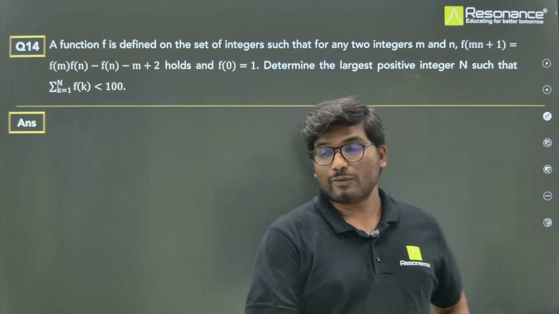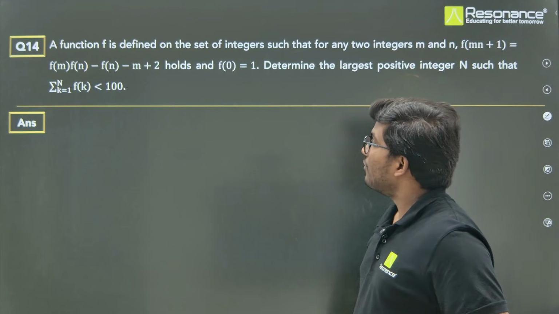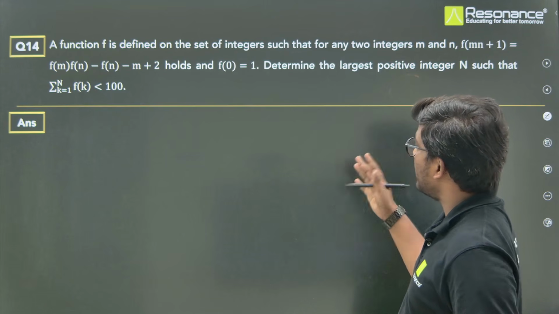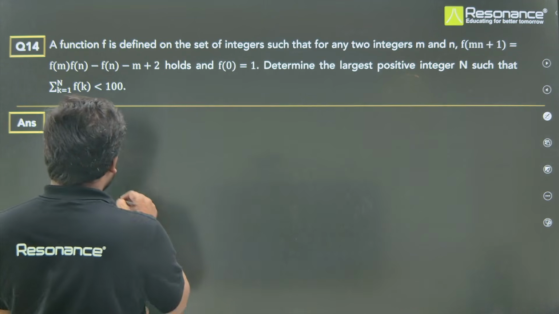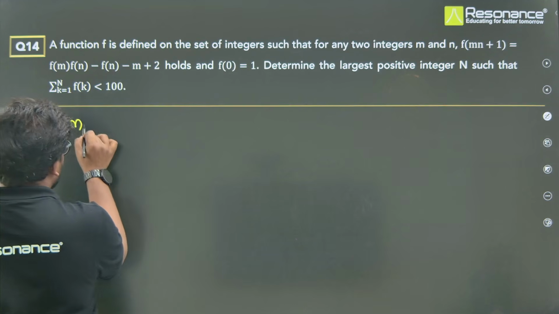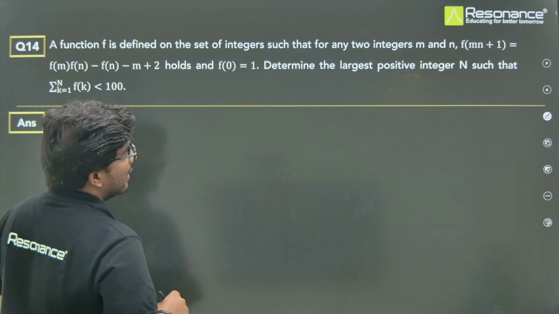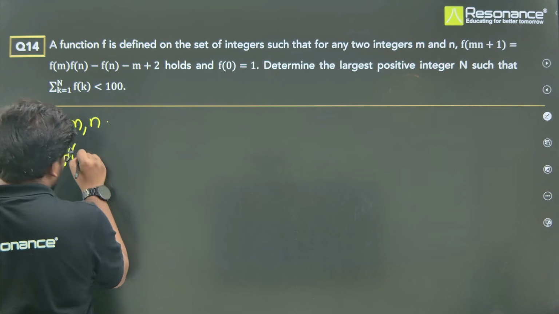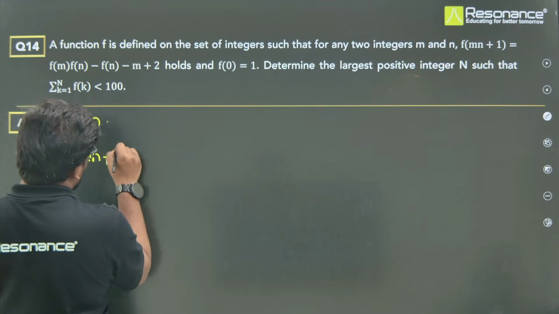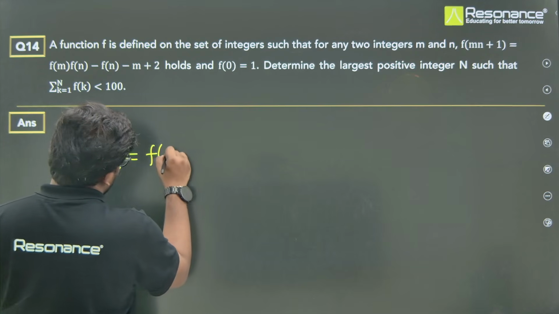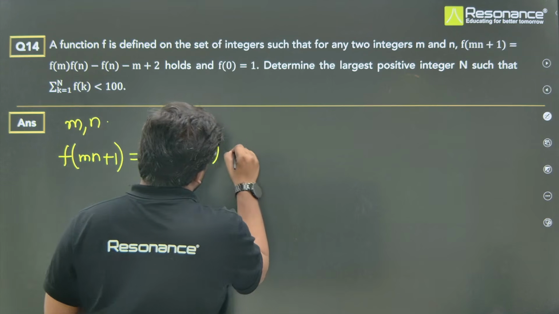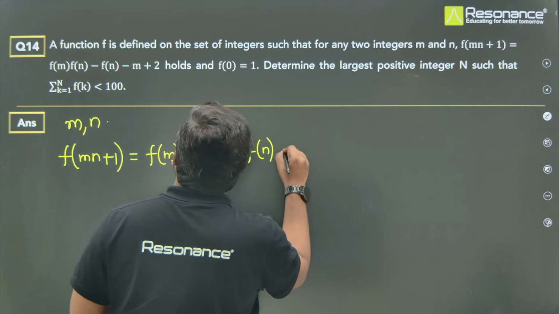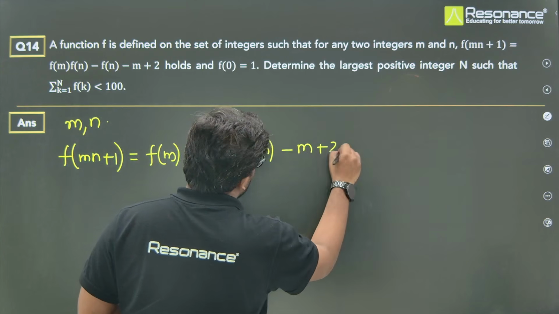So what do we have in the question here? A function f is defined on the set of integers such that for any two integers m and n, f of mn plus 1 equals f of m, f of n minus f of n minus m plus 2.